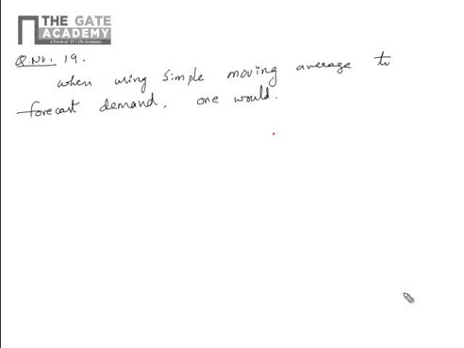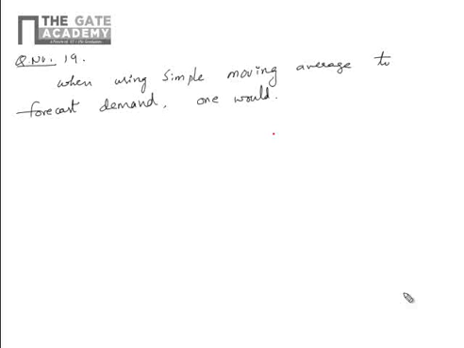In simple moving average, as we have discussed, we give equal weight to all observations. But in weighted moving average, we give more weight to recent values. Option B, assign more weight to recent demand data, is not simple moving average, this is weighted moving average.